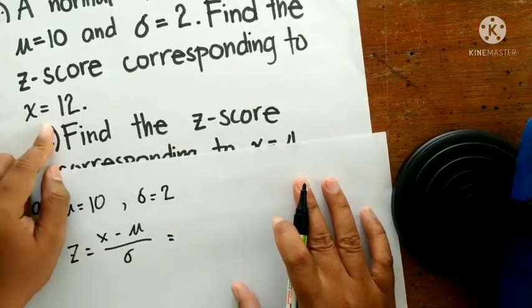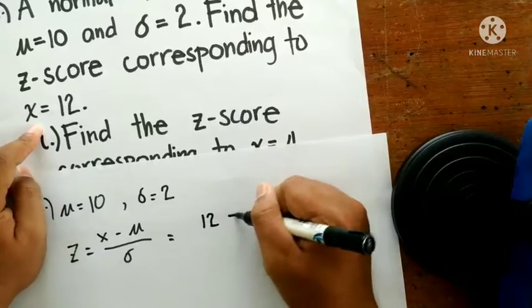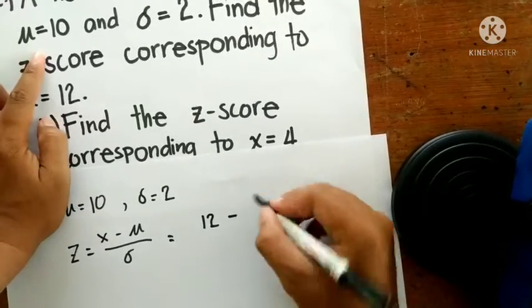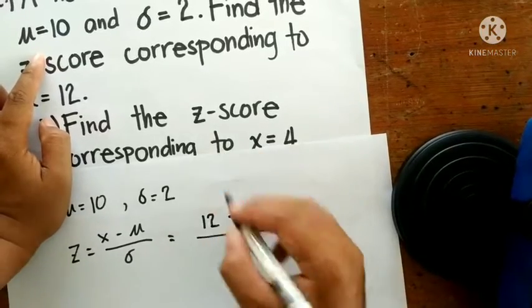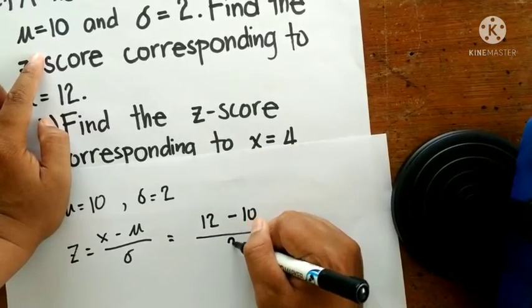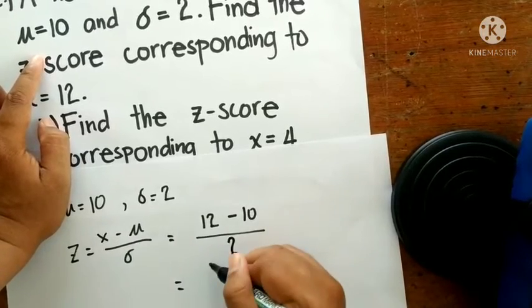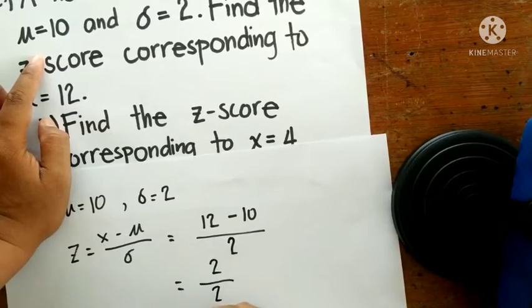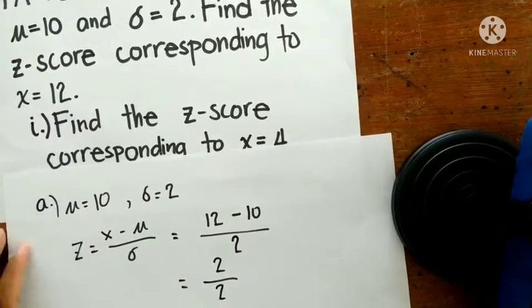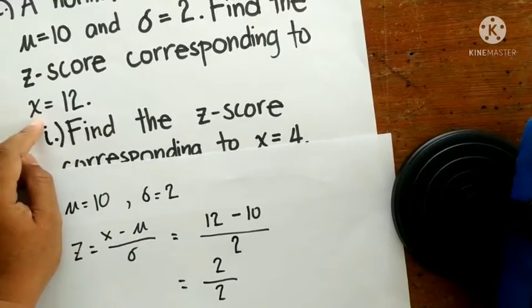Here our x would be 12, so we have 12 minus 10, the population mean, over 2. So 12 minus 10 is 2, divided by 2 is 1, which means our z-score is 1 when our score is 12.